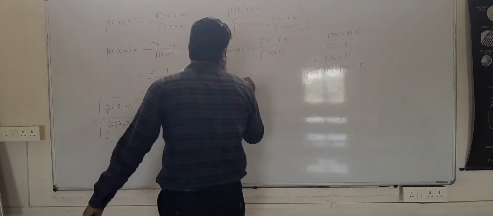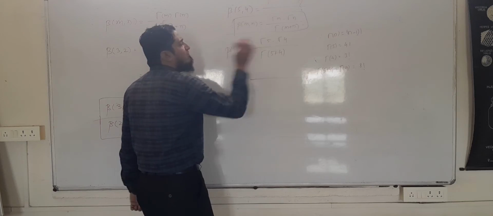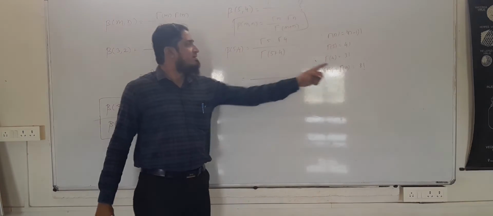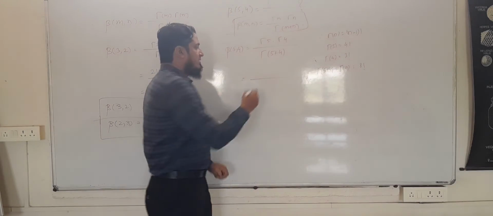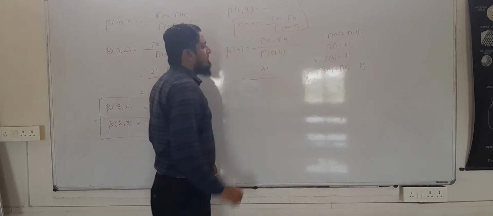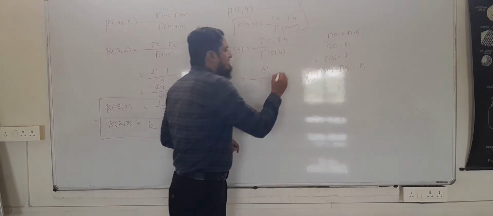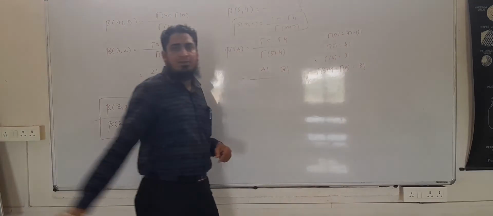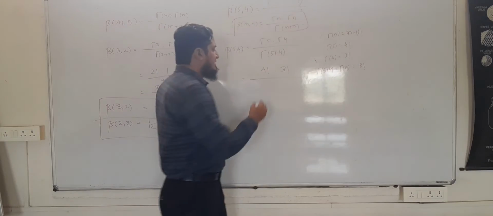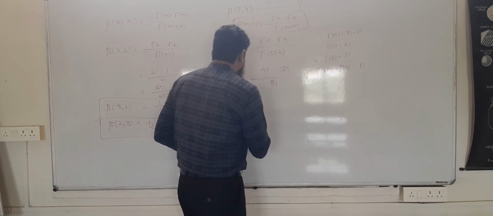So we can write it as 4 factorial into 3 factorial upon 8 factorial, correct?